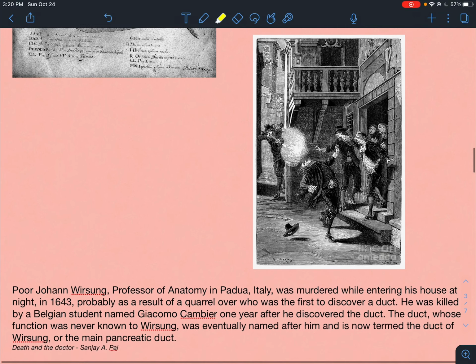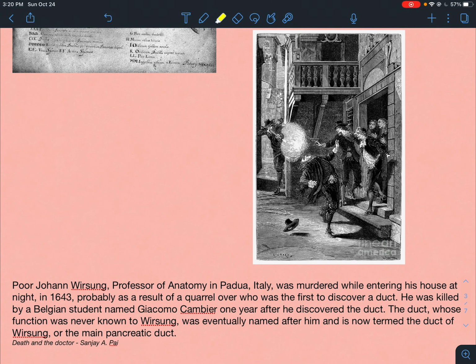Let's read some history. This was taken from an article known as Death and the Doctor by Sanjay A. Pai. And it says, poor Johann Wirsung, professor of anatomy in Padua, Italy, was murdered while entering his house at night in 1643, probably as a result of a quarrel over who was the first to discover a duct.